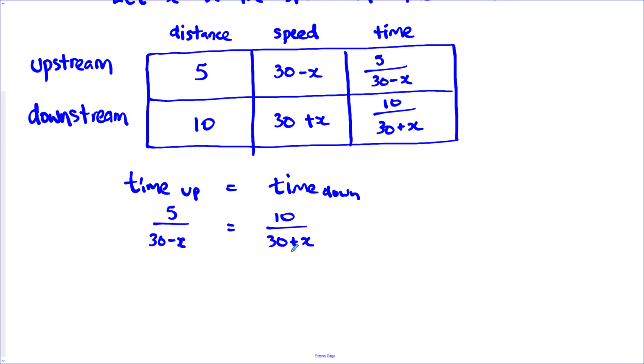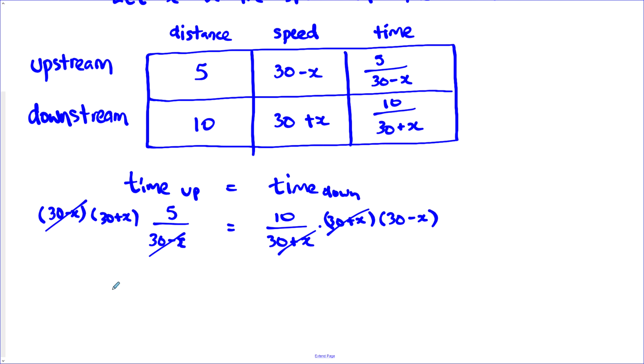Now multiply both sides by these binomials, or some people call this cross multiply. Okay, multiply by 30 plus x to get rid of this one. And on this side, 30 plus x. Now multiply by 30 minus x to get rid of this one. And 30 minus x. And you can do that in 2 steps if it looks too messy to do it in one. Now we want to multiply in the 5 into the binomial.